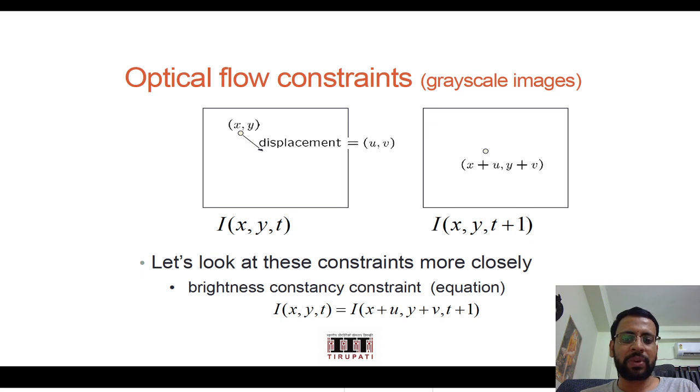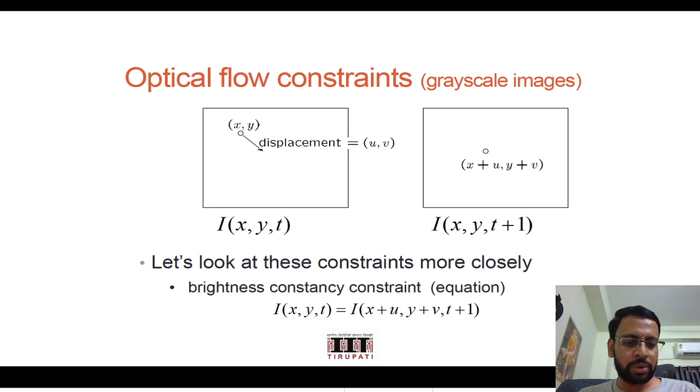I of x, y, t is equal to, assuming the pixel has moved by a small value u in the x direction and a small value v in the y direction, the pixel at location x plus u and y plus v, with u and v being the values to be found at the end of your process, in the t plus 1th frame. That's all you are going to do.